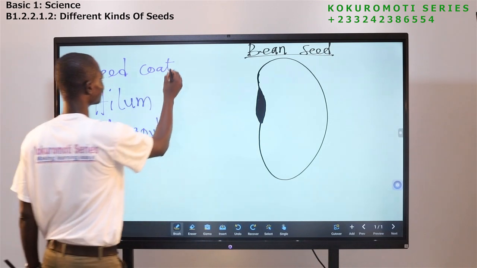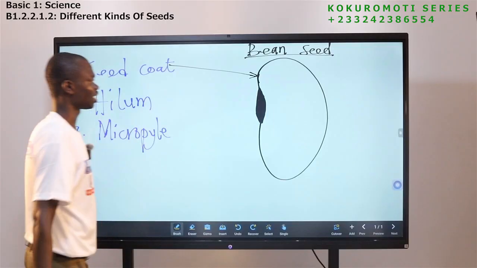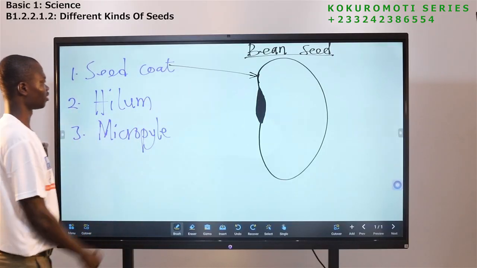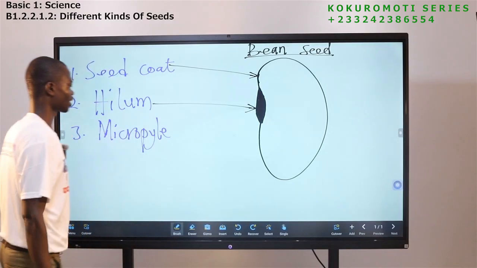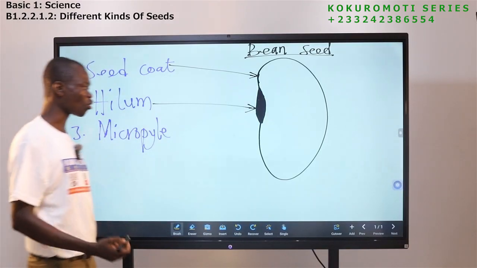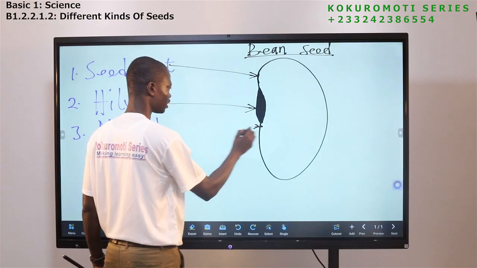So where is the seed coat? This is the seed coat. Have you seen it? Where is the hilum? This is the hilum. And the micropyle is a tiny hole, so you can just put a dot here and indicate that.